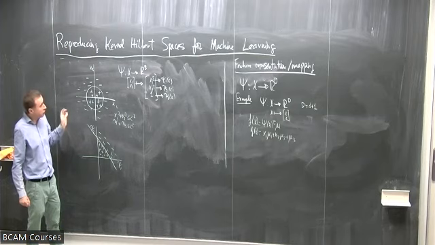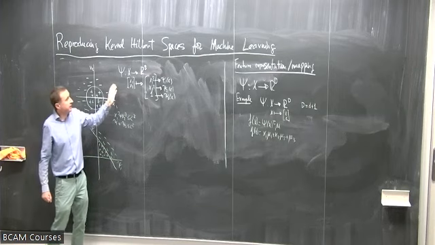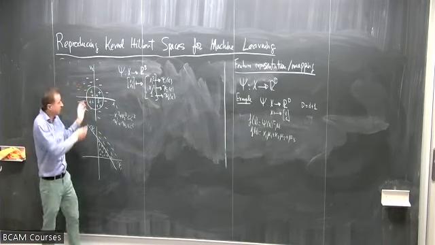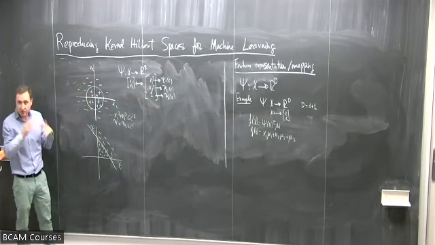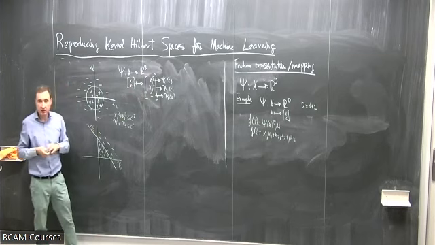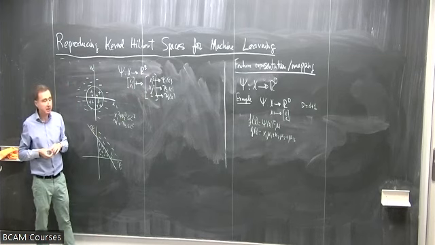Just a comment before we do the general thing: in this example, I knew this was the right feature mapping because I made this figure and thought a little bit about the equation.